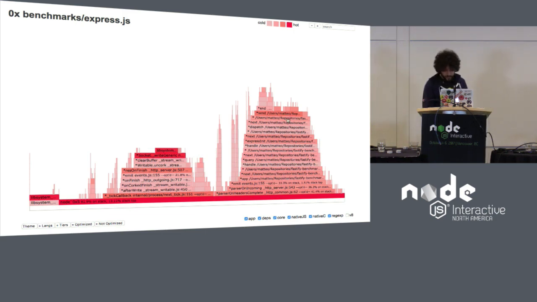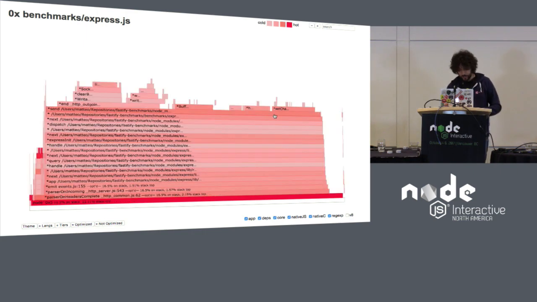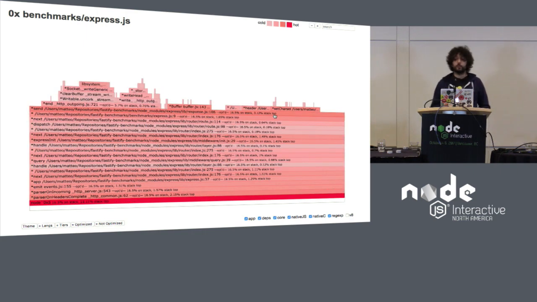We pass through a lot of steps to get to our code. You can see here that send is very, very hot. It's a very hot function. Yep, that's true. It's part of Express, and it's what we use to send the data, and it does the JSON stringify bit that we have seen before.